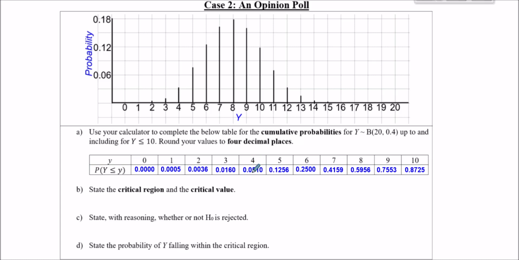And so the biggest number of supporters we could have where we'd still reject H0 would be 3. And so the critical region is where y is up to and including 3. So this is the critical region, and again, like I said before, if it's not the critical region, it's the acceptance region.